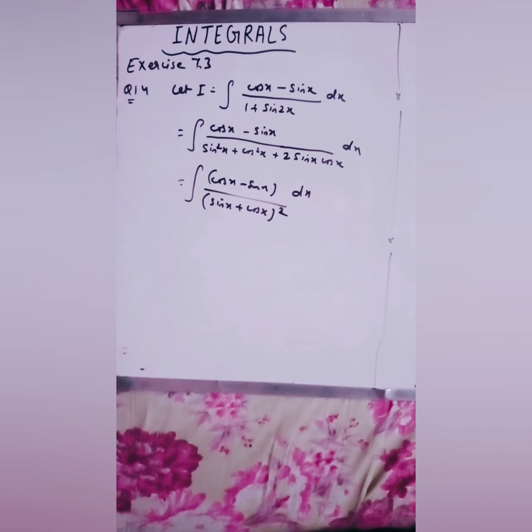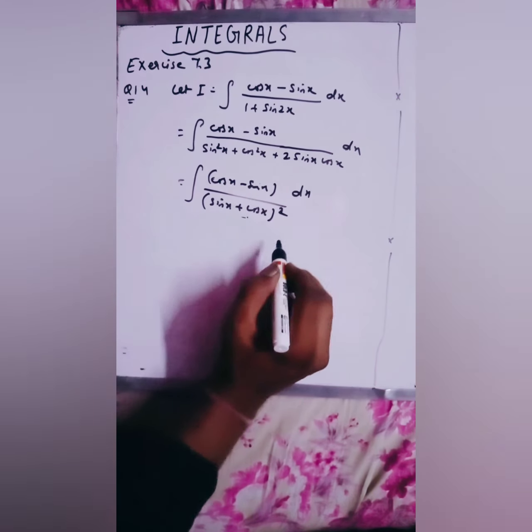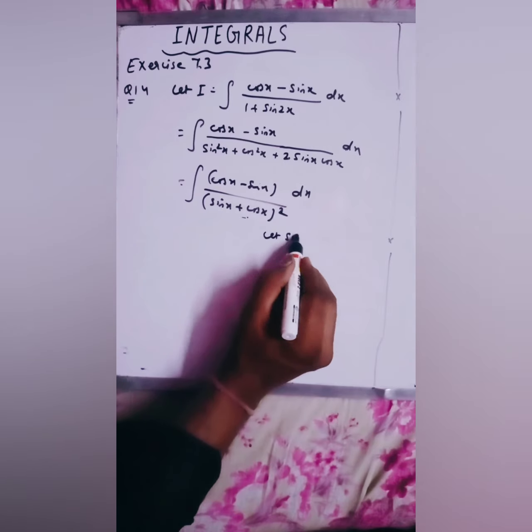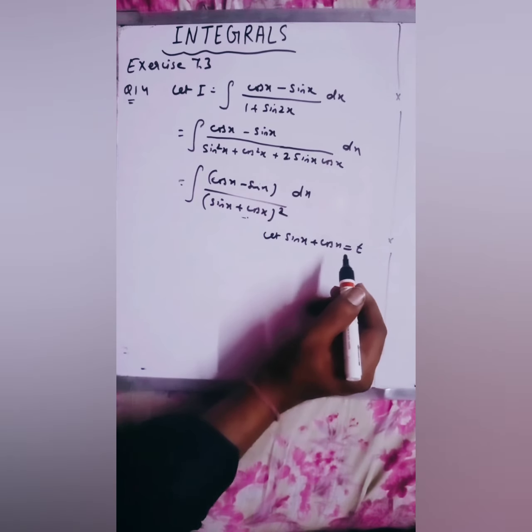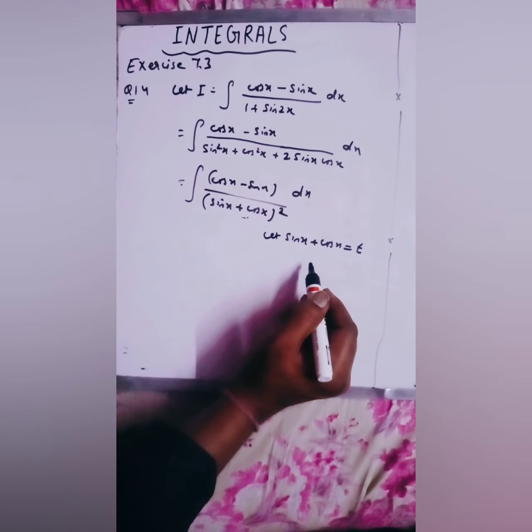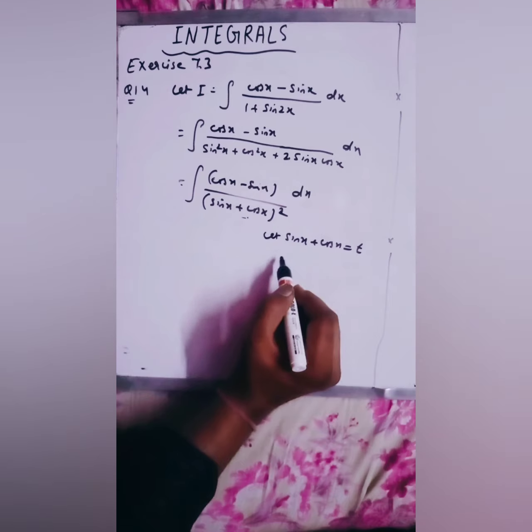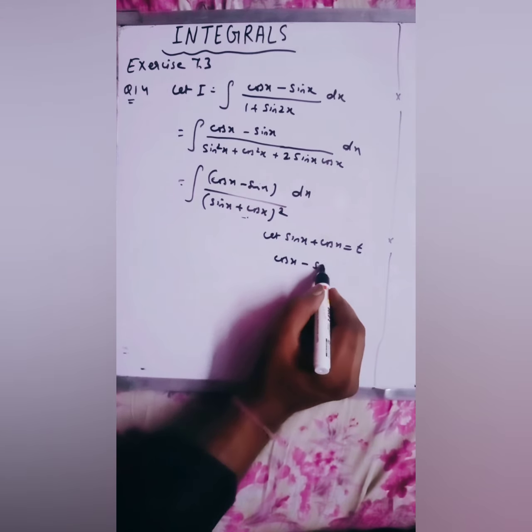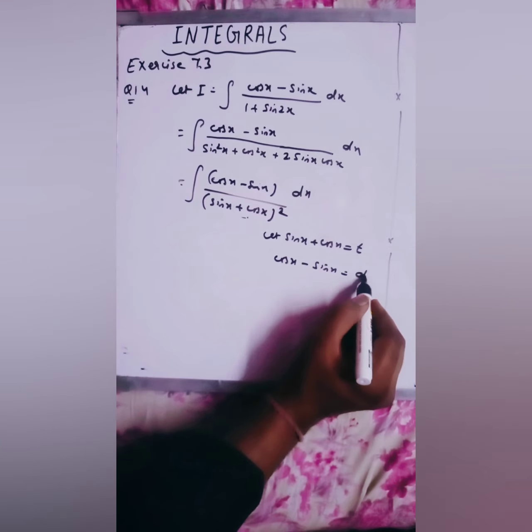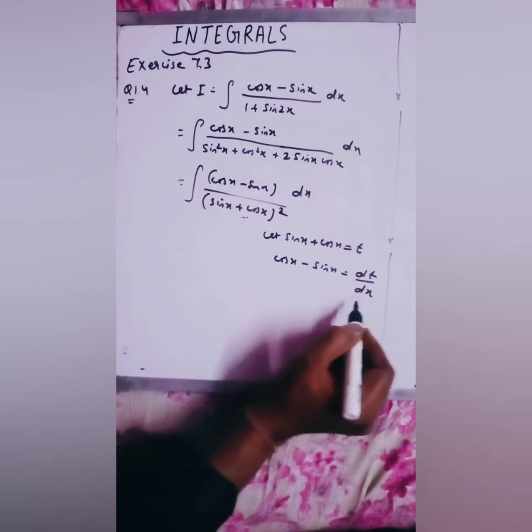Now assume that this is t. So let sin x plus cos x equal t. This is the substitution method you have to apply here. The derivative of sin x will be cos x, and the derivative of cos x would be minus sin x, so that is equal to dt by dx.